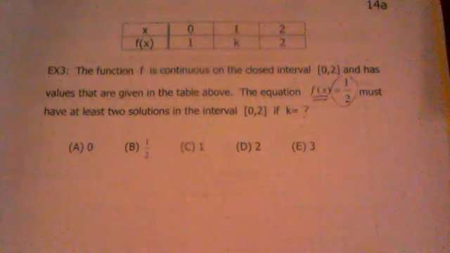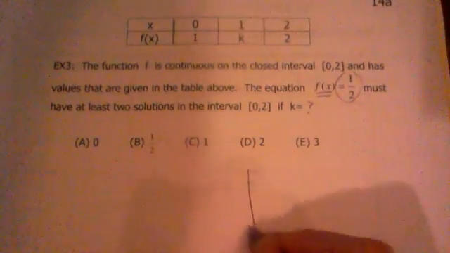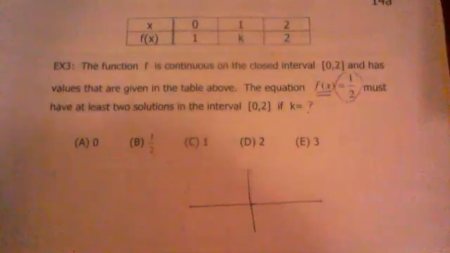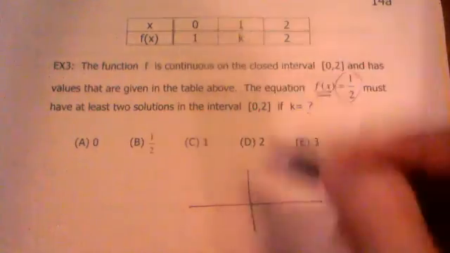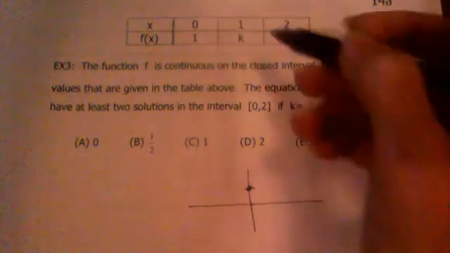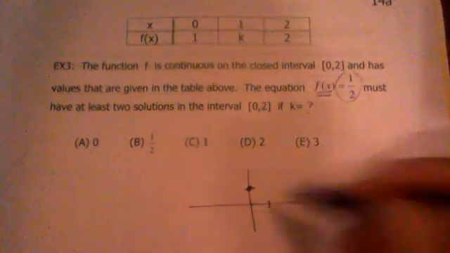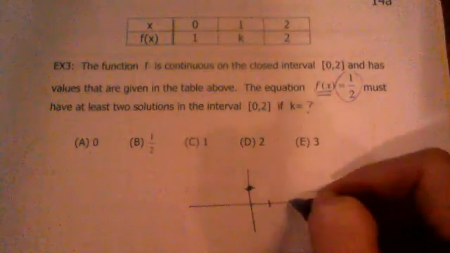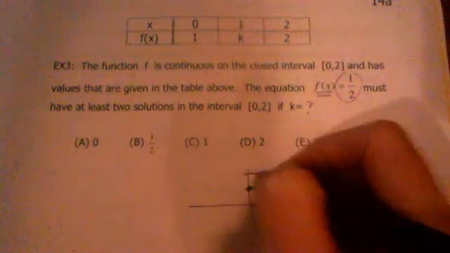So probably the best way to go about this problem would be to maybe sketch a graph of the points that we do have. So let's look at what we've got. We've got 0, 1. We've got 1, and then this k value that we've got to decide upon, and then we've got 2, 2.